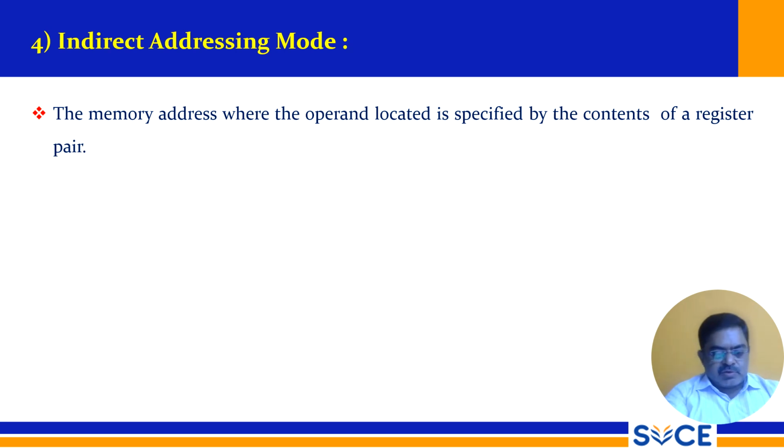Indirect addressing mode is an indirect way of accessing the data. The memory address where the operand is located is specified by the contents of a register pair. You can use the memory pointer, the HL register pair.